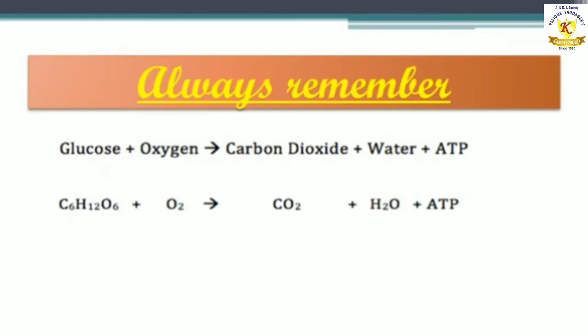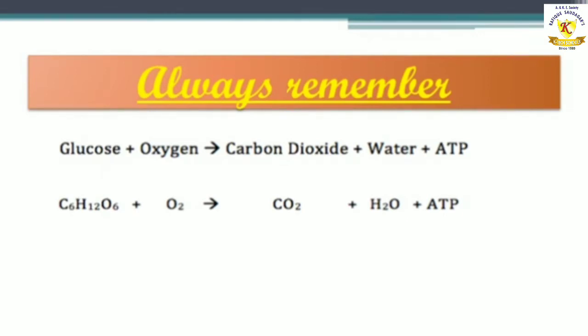So here, glucose, that is C6H12O6, plus O2 gives us CO2 plus H2O plus ATP. So children, we have replaced the words with their chemical formulas. This is a chemical reaction.